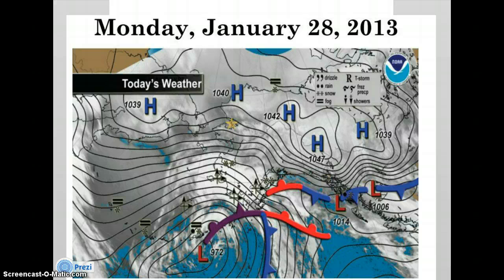So this is the weather map for January 28th. You can see the series of high pressure systems in the north and the low pressure systems in the south. Kotzebue is the area with the star.